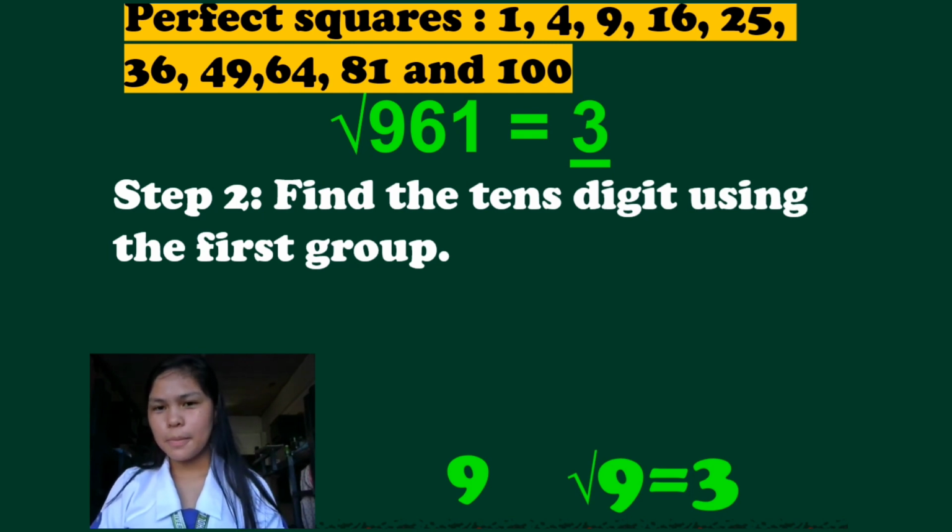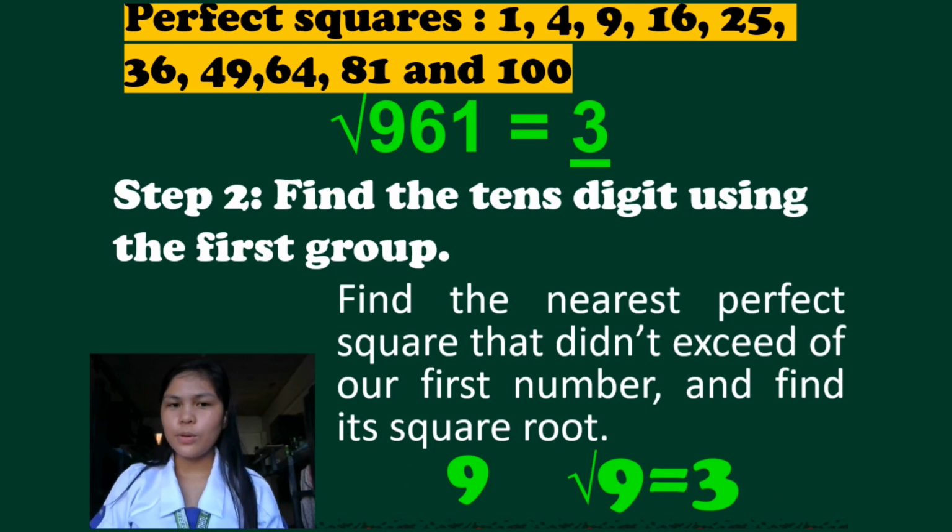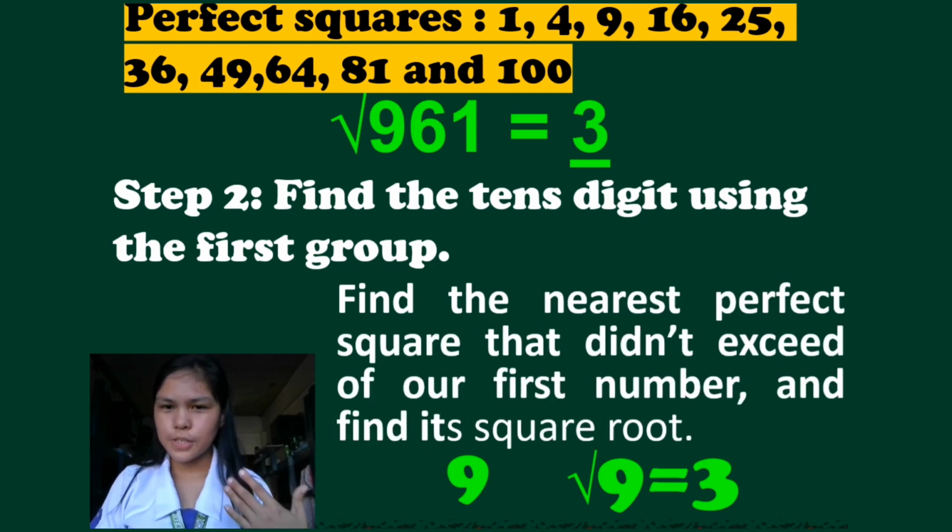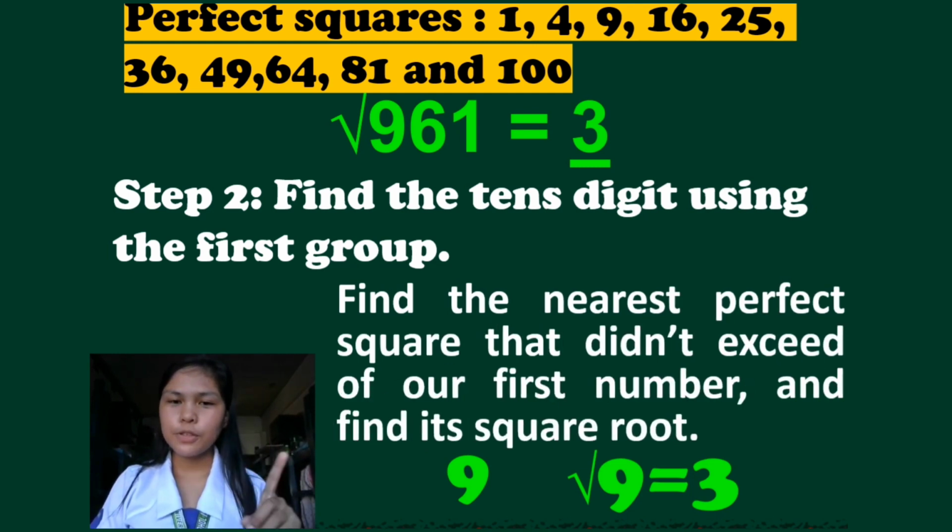But what if the number is not a perfect square? So what will you do? You have to find the nearest perfect square that doesn't exceed our first number, and then you have to find its square root. So for example, we have 5. Number 5 is not a perfect square, so you have to find the nearest perfect square.